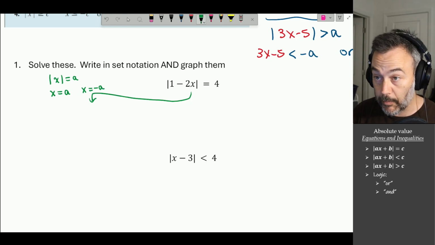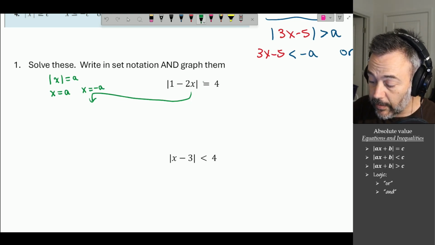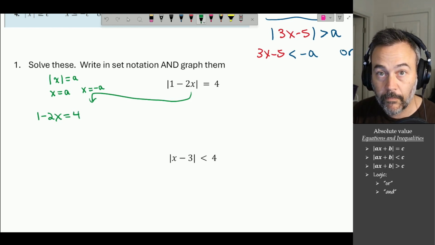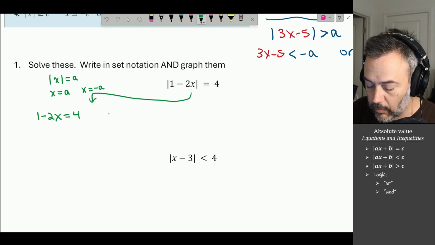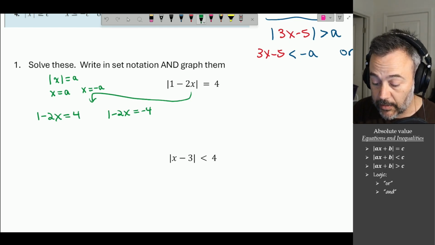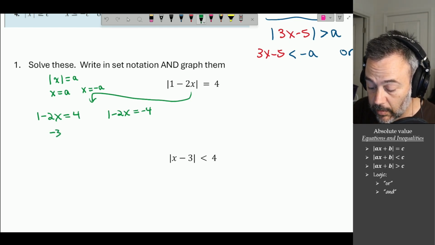That's the thing to remember. So in this case, what would that mean? That would mean that 1 minus 2x is equal to 4. Or we have the case 1 minus 2x is equal to negative 4. And now it's just a matter of solving for those values.